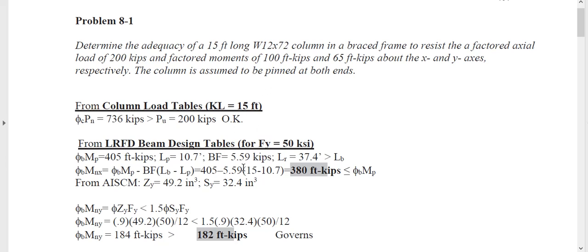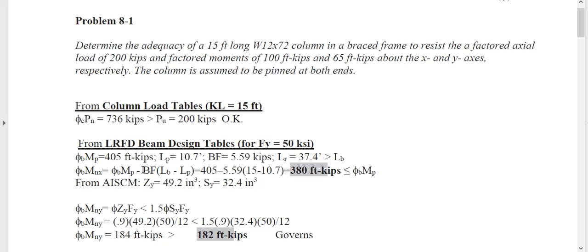For this section they found in the AISC manual that Lp is 10 feet, beam factor BF 5.59, and Lr is 37.4 feet. So our Lb is in between Lp and Lr. In between, that means our capacity equation is Mp minus BF times (Lb minus Lp). This equation to me is not correct because there will be a phi here.